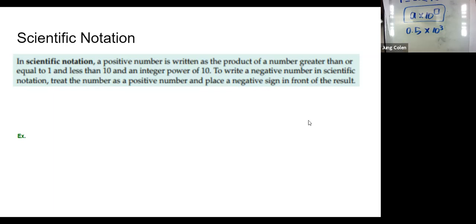So how do we change this to scientific notation? Could you do 5 times 10 to the second? Oh, so 0.5 is 5 times 1 over 10, or 5/10, right? 5/10 is 0.5, and I have times 10 cubed.